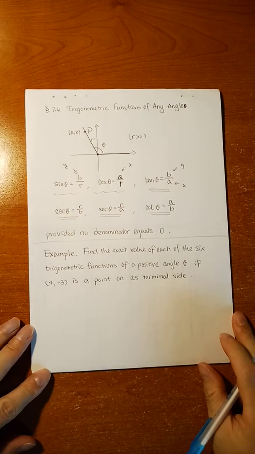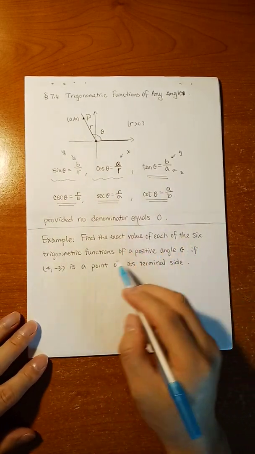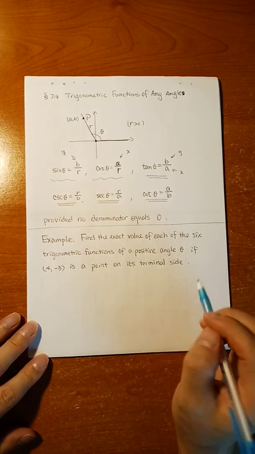So we're trying to find the exact value of each of the 6 trigonometric functions of a certain positive angle theta.